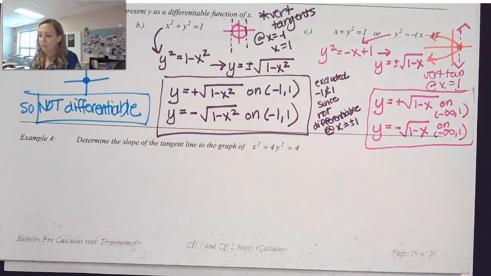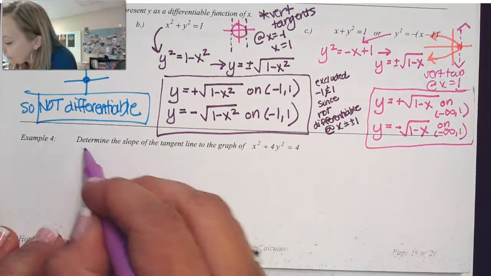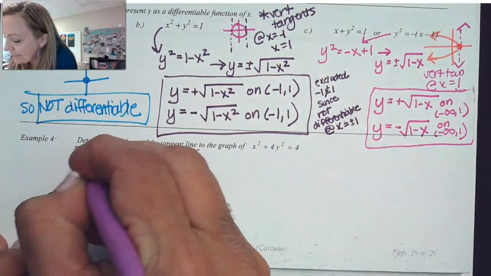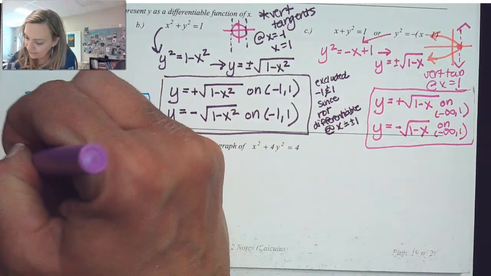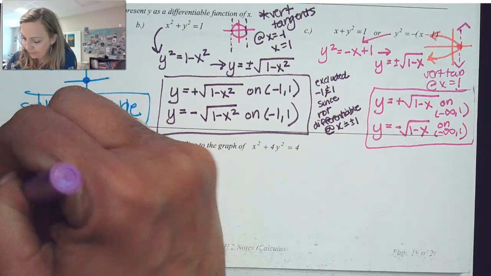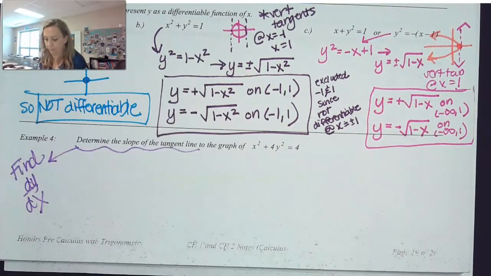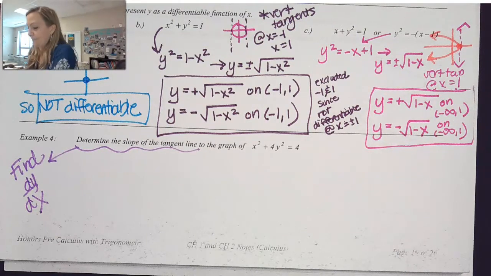So example 4 wants you to determine the slope of the tangent line to the graph of x squared plus 4y squared equals 4. Again, when it tells us here to determine the slope of the tangent line, this is asking you to find dy/dx. So let's differentiate both sides with respect to x.